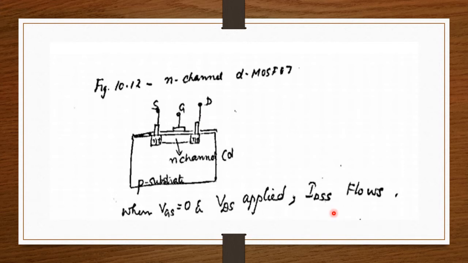That is the value of IDSS, the value of current ID when VGS is 0. So at VGS equal to 0, IDSS flows through the channel.